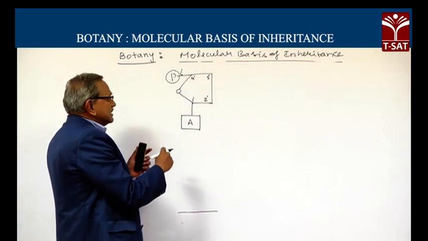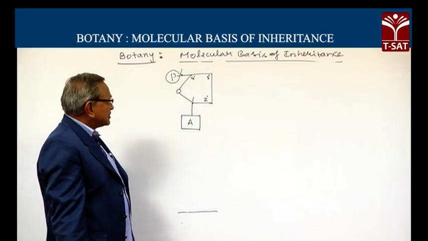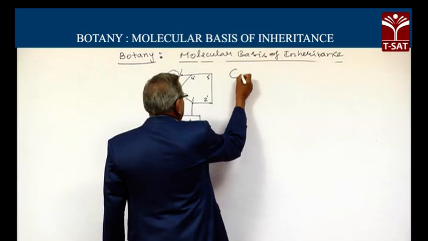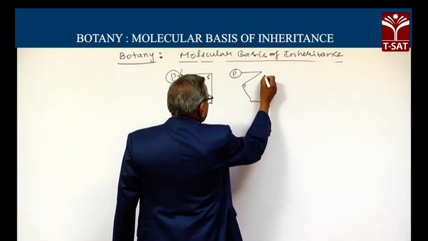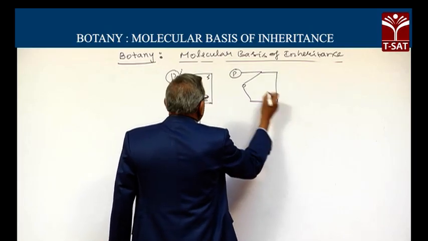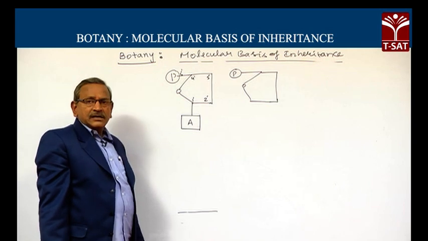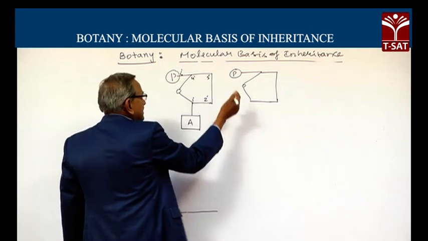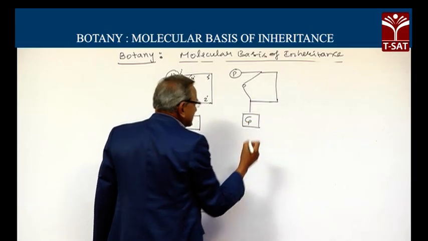Let us see how another nucleotide joins to the existing one. The other nucleotide joins to the earlier nucleotide by forming a bond between 3 position of the first nucleotide and 5 position of the second nucleotide, and let me write this as guanine.